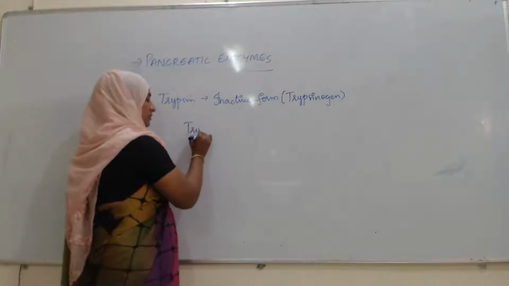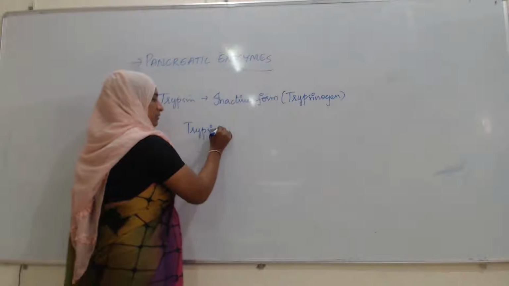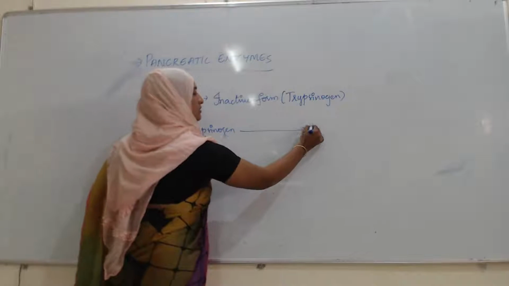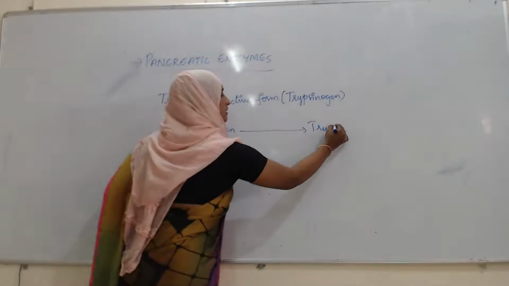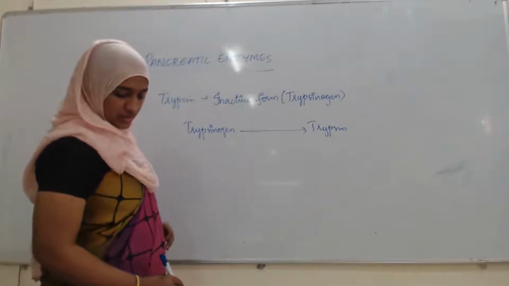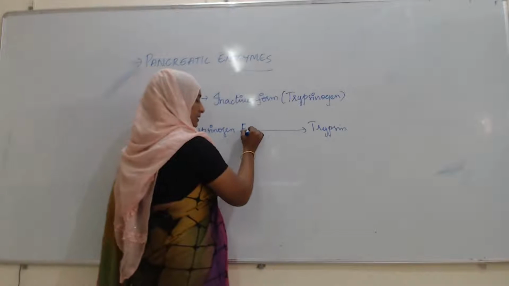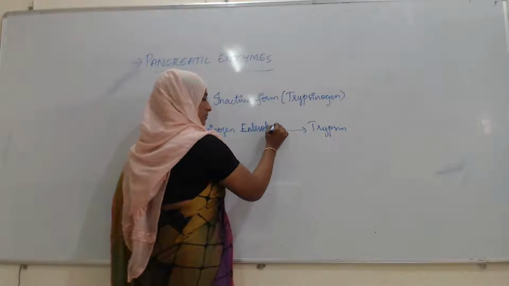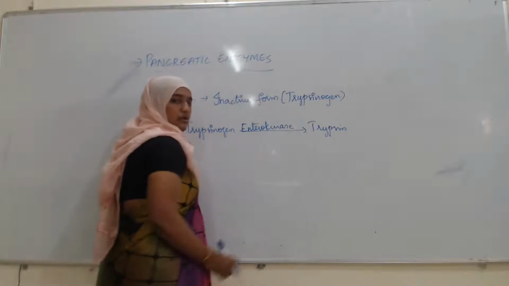Trypsinogen gets converted into trypsin in the presence of an enzyme, and the name of that enzyme is enterokinase.